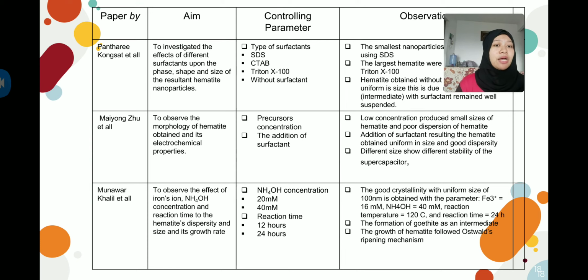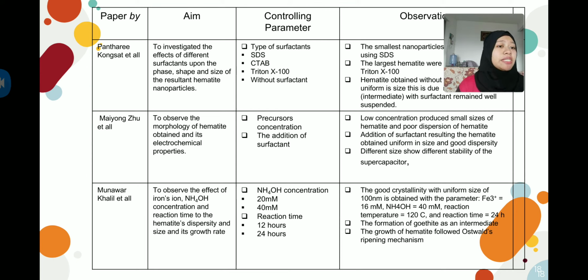And lastly, Munawar Khalil wanted to observe the effect of iron, ammonium hydroxide concentration and the reaction time on hematite dispersity, size and its growth. Good crystallinity with uniform size is obtained with a high concentration of ammonium hydroxide and the longest reaction time.